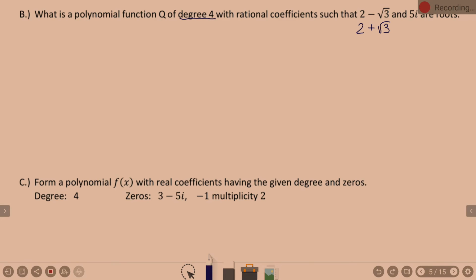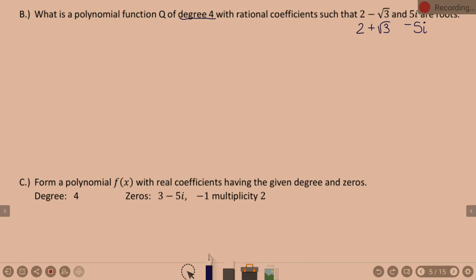I have to use its conjugate, so then also 2 plus the square root of 3. What else? If they give me positive 5i, think of that like 0 plus 5i. What would be the conjugate of 0 plus 5i? 0 minus 5i. So negative 5i.